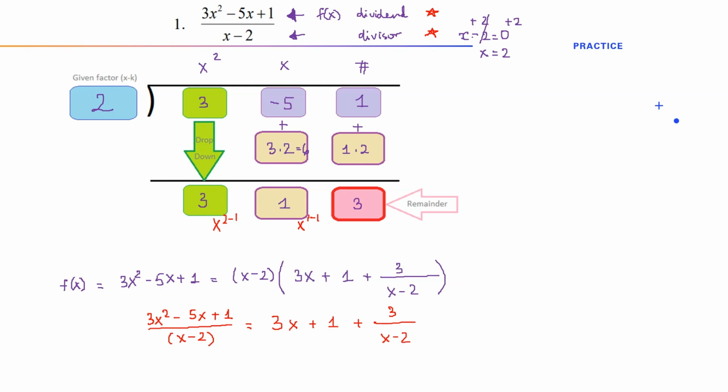And remember, these are the coefficients and the remainder. So the coefficients we find, the first one is 3, the second one is 1, and the last one is the remainder.